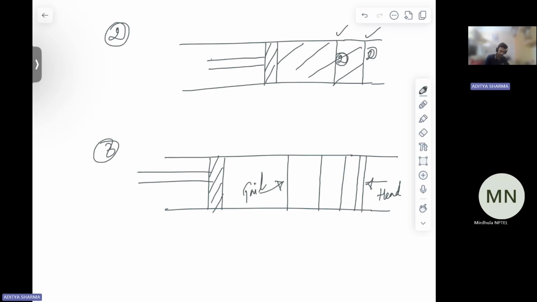And obviously the tail velocity will be higher than the head velocity.